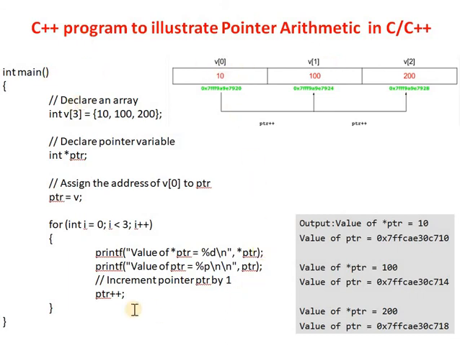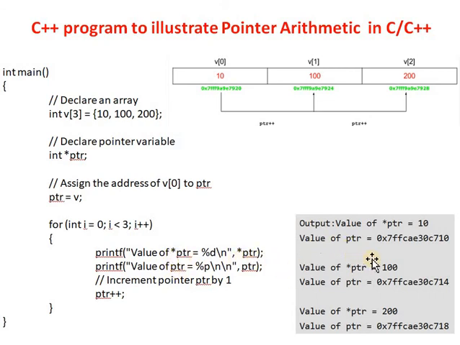Whenever you execute this program, first it will display the value of the first PTR, that is the value of the first array element, that is 10. So it will display the 10 value. Then we are displaying the address of that pointer.